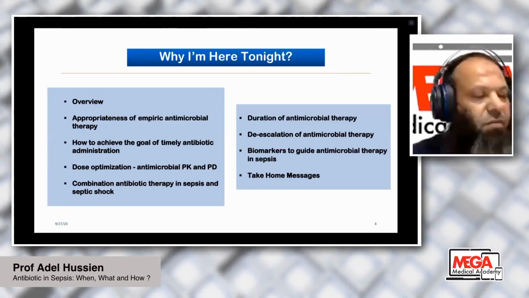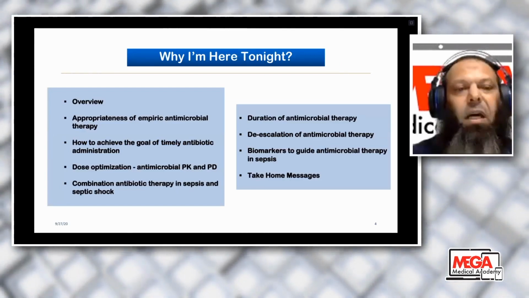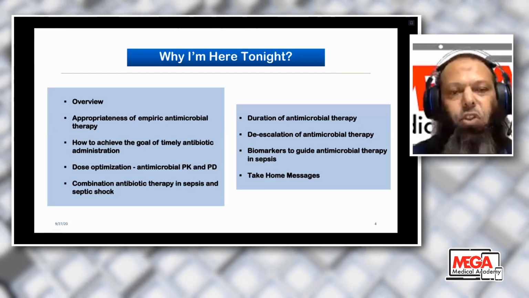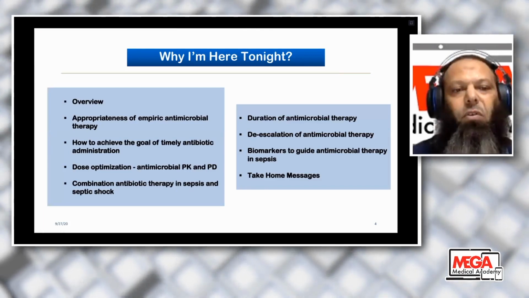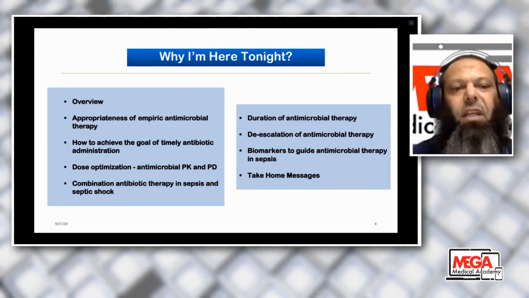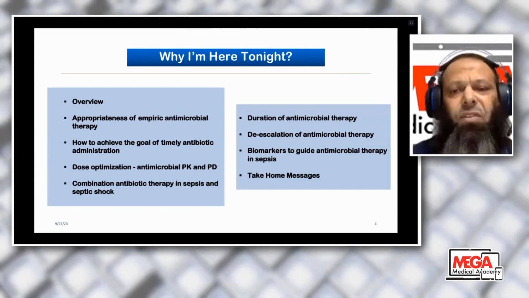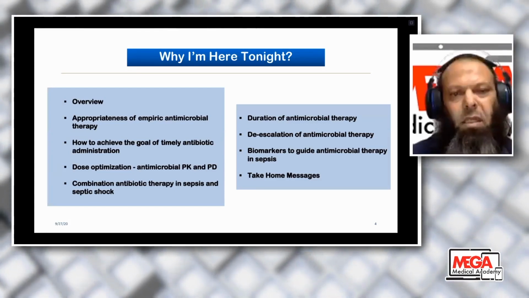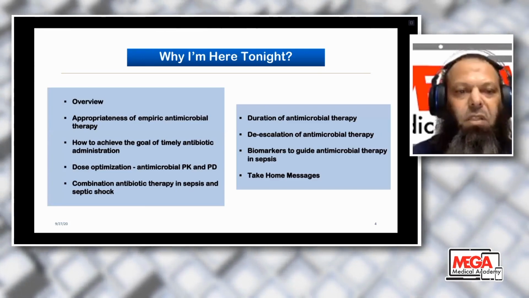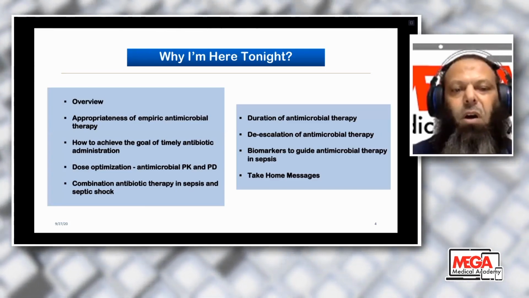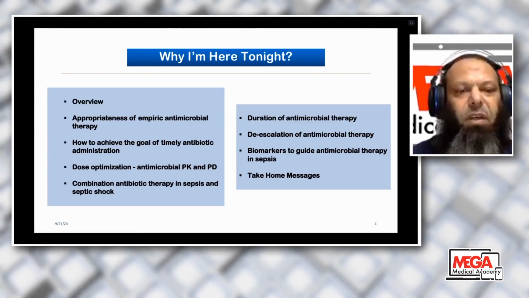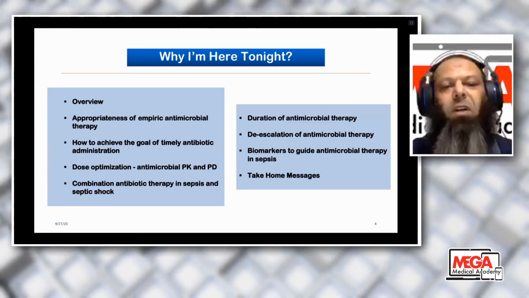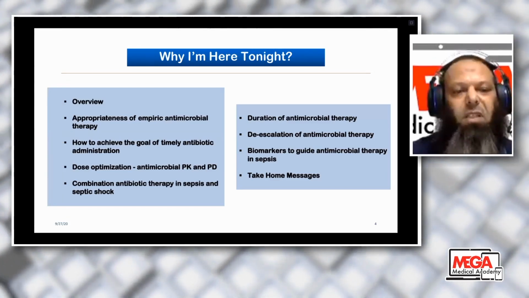These are the objectives of my presentation tonight. I will give a short overview first, then I will highlight the important pillars of antibiotic coverage in sepsis. First is the appropriateness of empirical antimicrobial therapy. Second is how to achieve the goal of timely antibiotic administration.